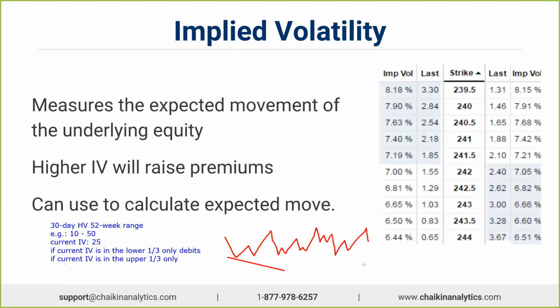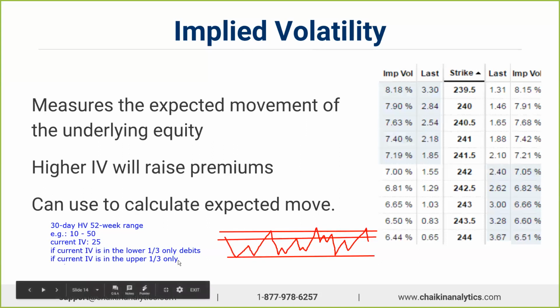This is the low end of the range. Here's the high end of the range. We don't want to be buying when it's up in the upper end of the range, because what's likely to happen is the volatility is likely to decrease. And when the volatility decreases, it lowers your premiums. It brings the premiums down. And if we're long, we don't want that. Now, if we're short, that's great.